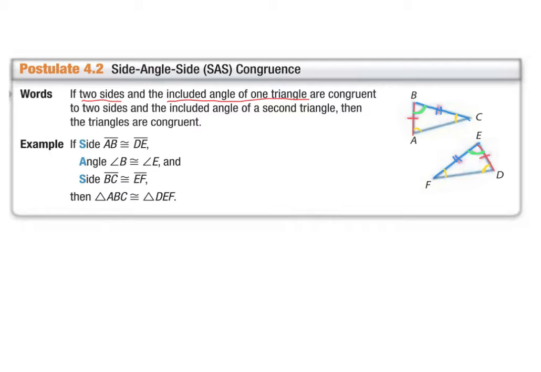That is called the included angle. And it's very important that we know which angles we are talking about. Because it's SAS, notice that the A is in between the two S's. The angle is in between the two sides.